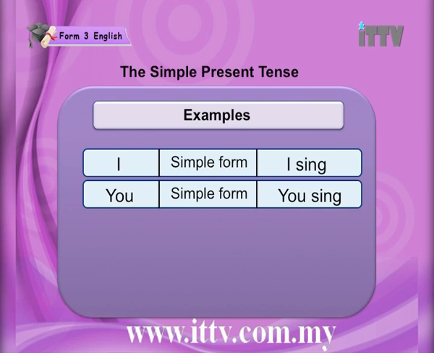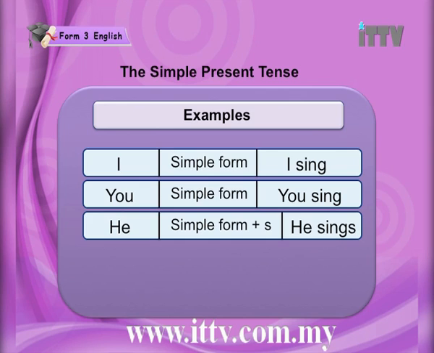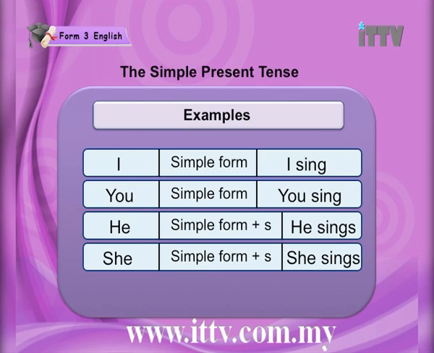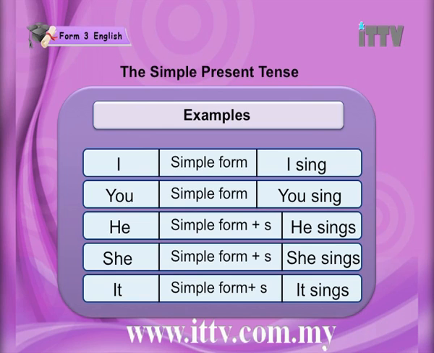Next example, you sing. Next, he. Now, he is a pronoun. You just add an S to the verb, becomes he sings. She becomes she sings. It sings.